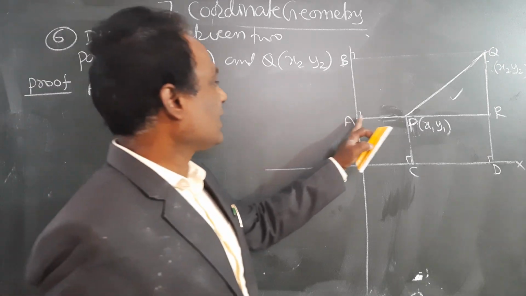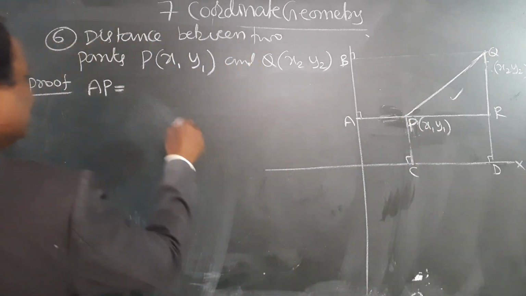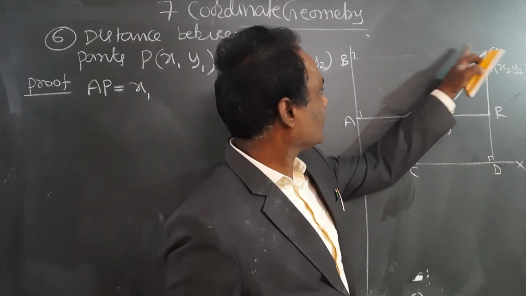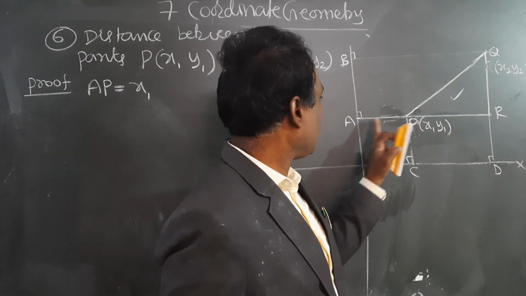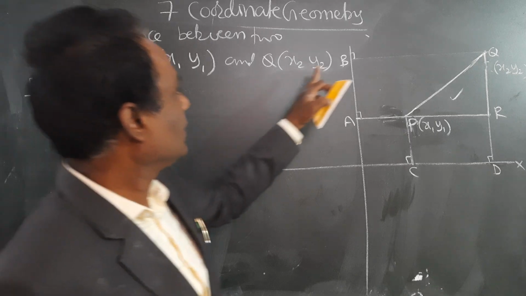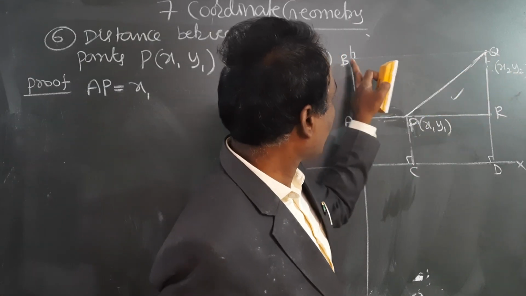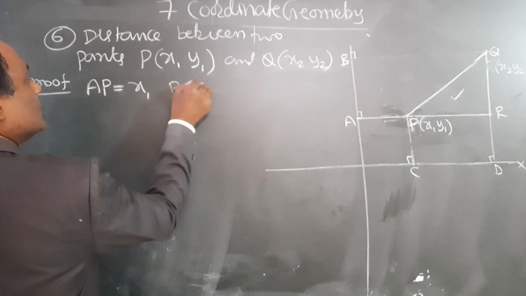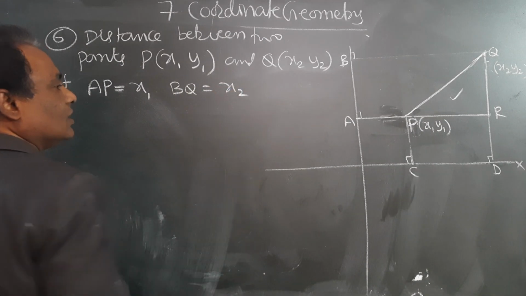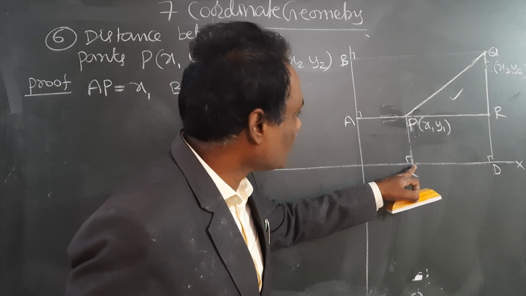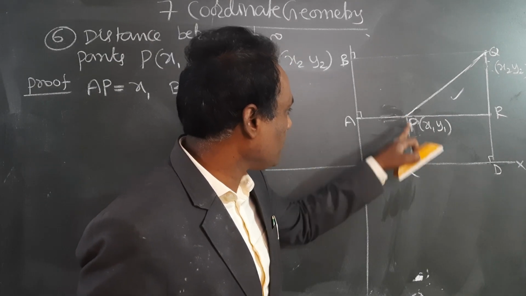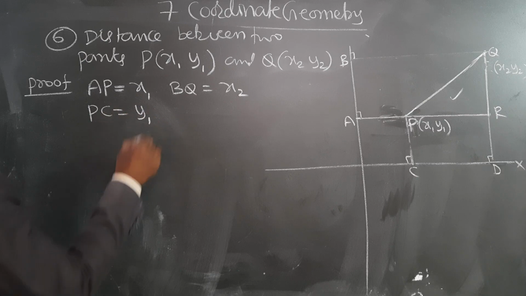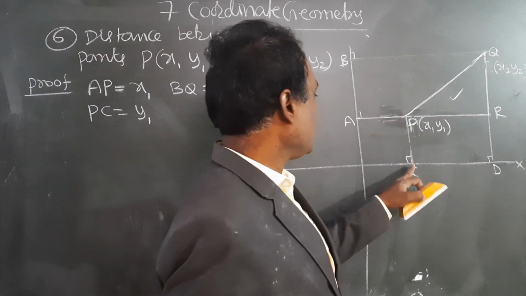Students, what is this distance? X1. AP is X1. BQ is, horizontal distance is first coordinate, BQ is X2. Vertical distance is Y value. So PC is Y1.